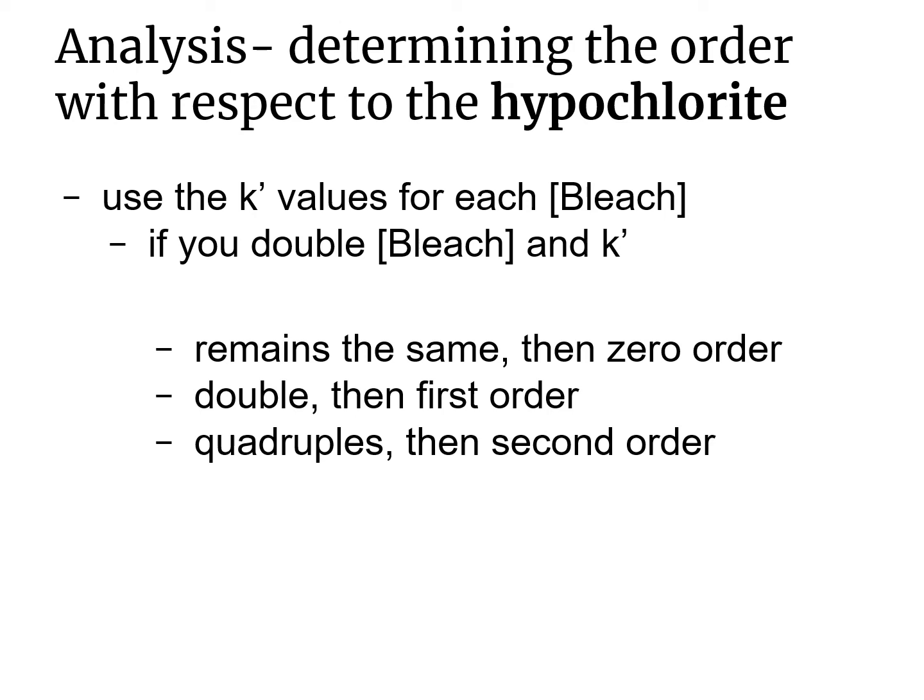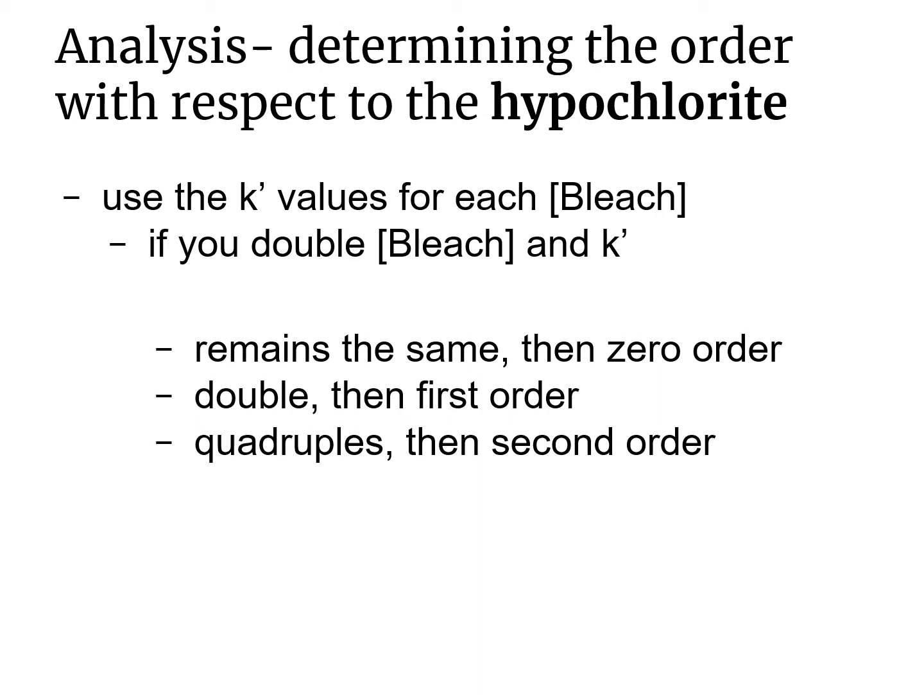If the K prime values are the same, then you know that you have a 0 order with respect to hypochlorite. If the K prime value doubles, say that is times 2, comparing the 2 runs, then that is a first order rate.